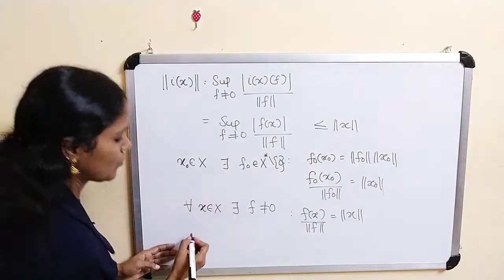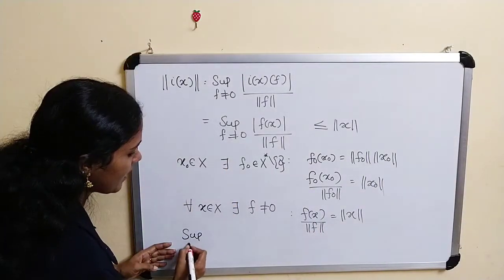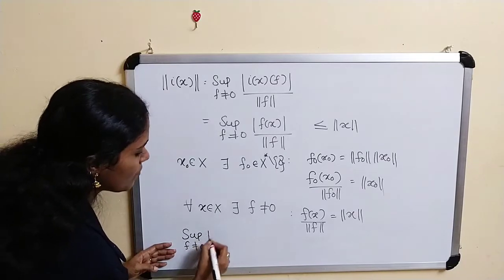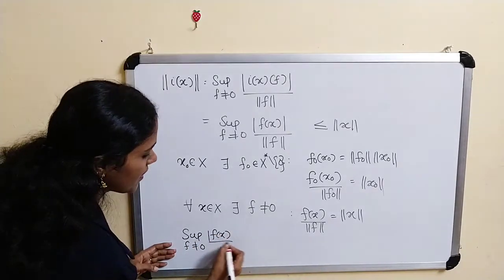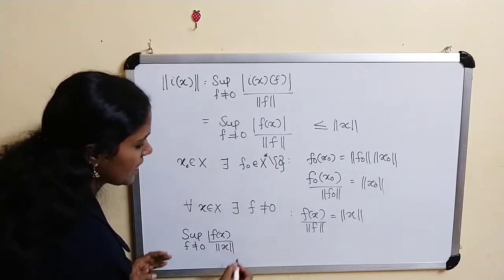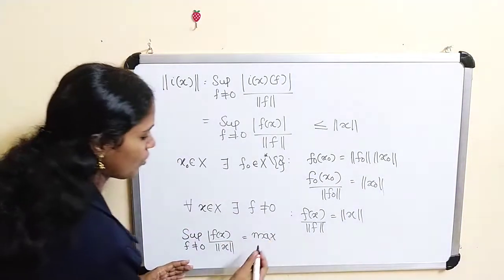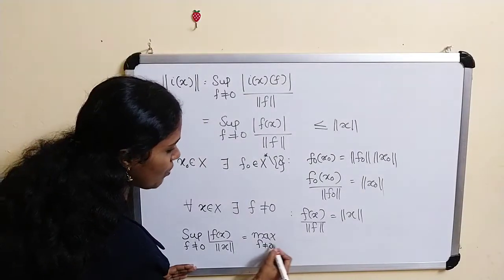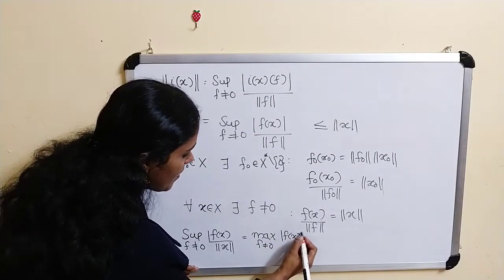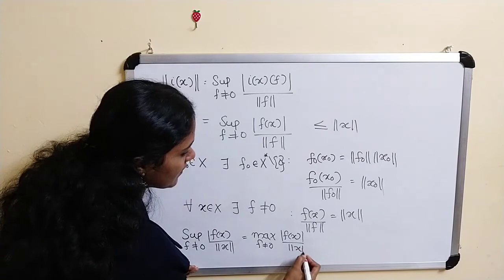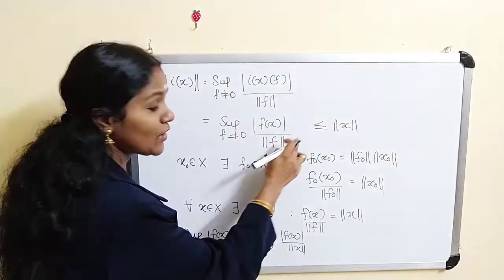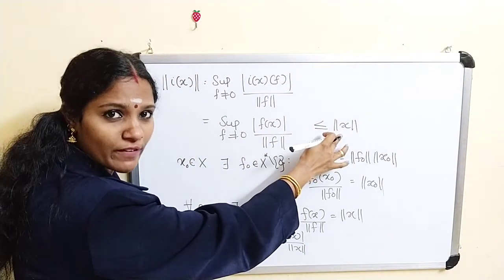Okay, now what about the supremum over f not equal to 0 of mod f of x by norm of f? Clearly this is the same as the maximum. Here this supremum value is less than or equal to norm of x.